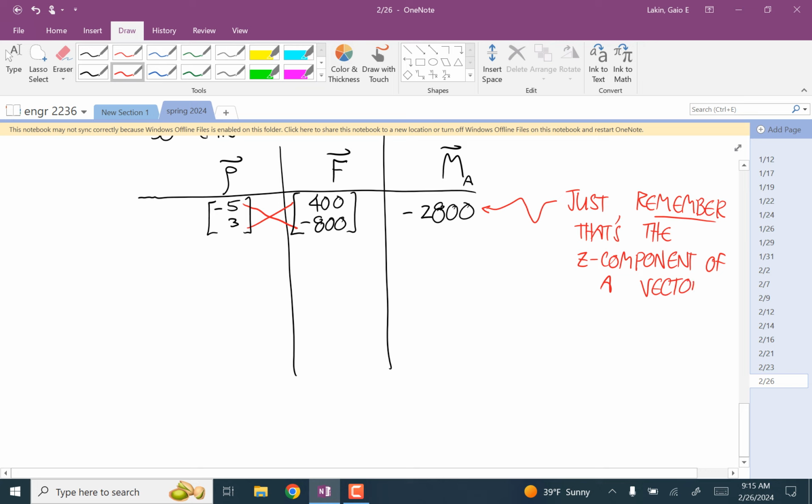So these moments are always vectors even when you're in 2D. It's just that in 2D you only have one non-zero component and it's always z. Okay?